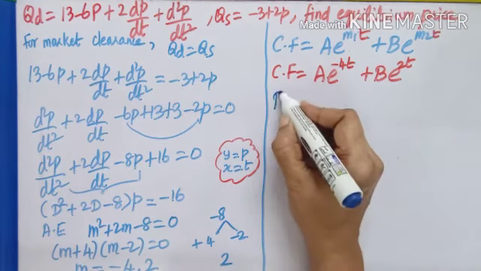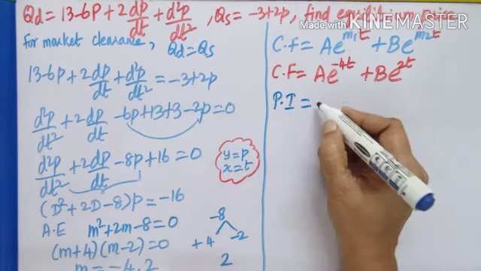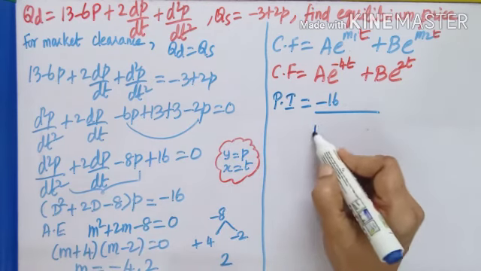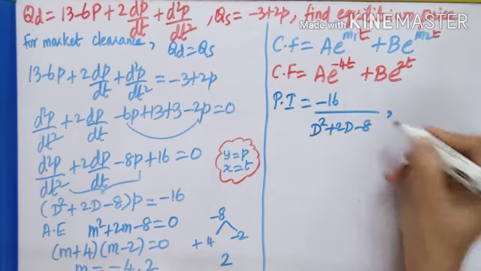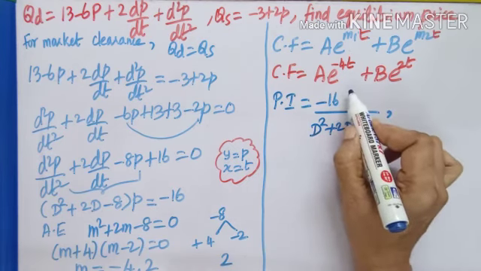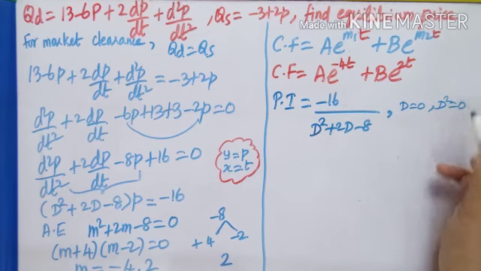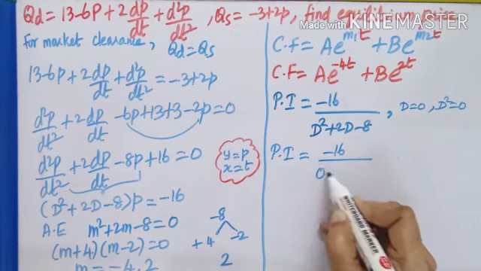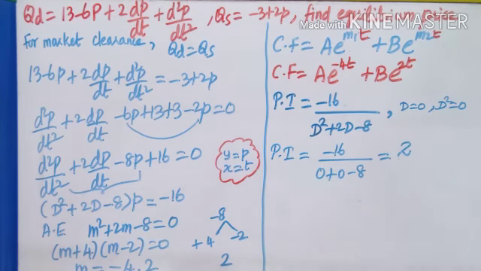The next step is we go on to the particular integral. The particular integral is RHS divided by the LHS factor, that is D² + 2D − 8. Whenever e power is missing, put D equal to 0, D² also 0. So my answer is the particular integral −16 by 0 + 0 − 8, which gives me 2.